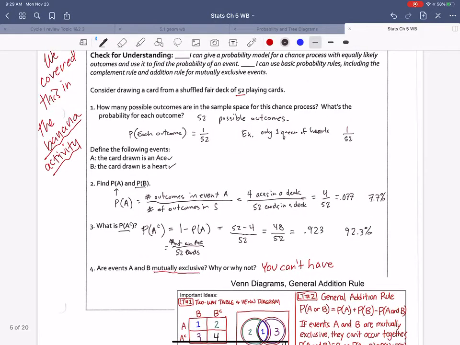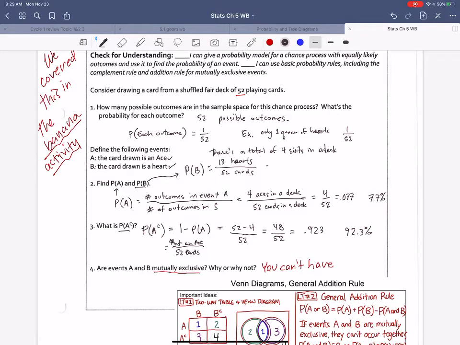All right, we can't forget the probability of B. So what would be the probability of B? Basing this on the same thing, how many hearts are there in a deck? Well, there's a total of 4 suits, so 52 divided by 4 means there are 13 hearts in any standard deck out of a total of 52 cards.